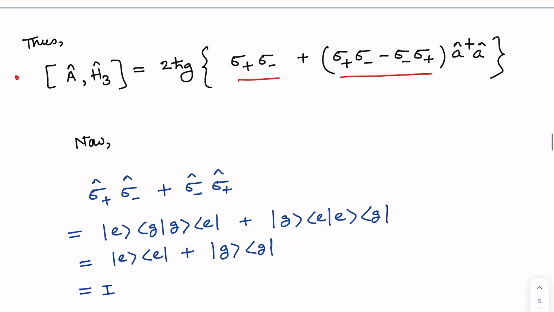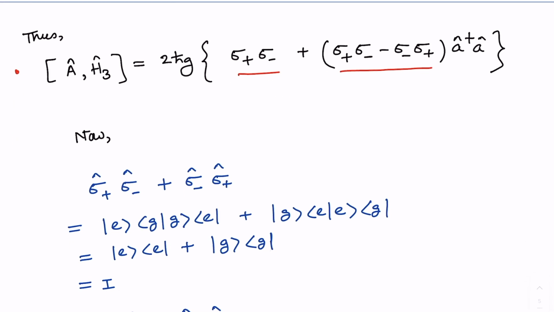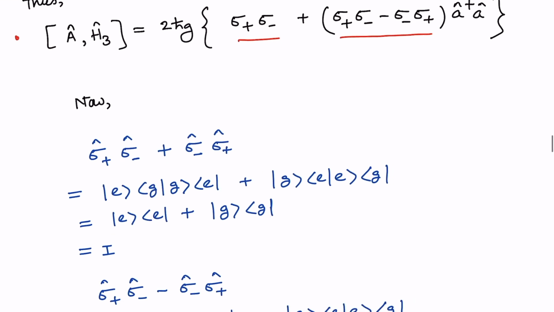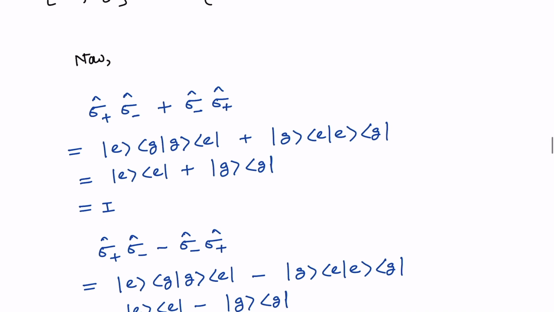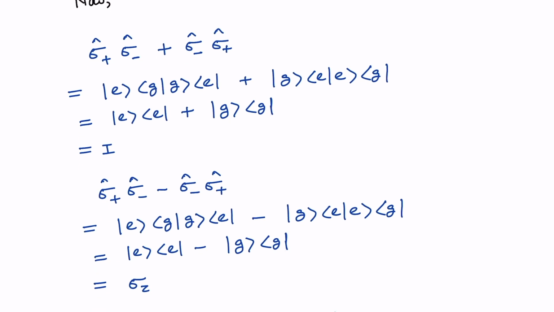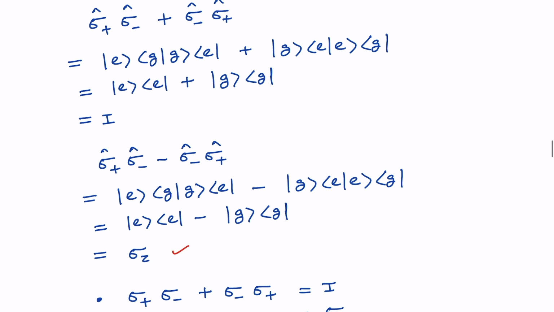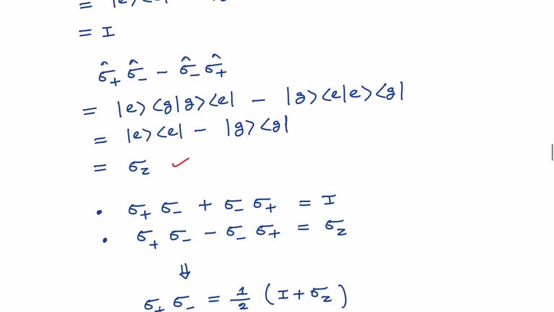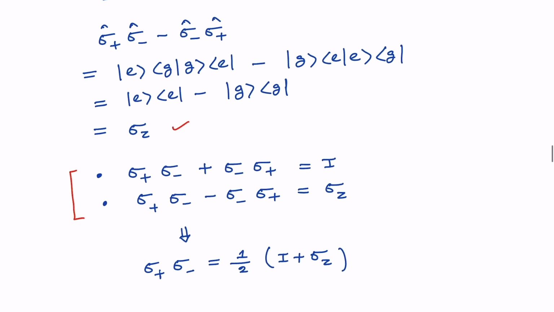To do that, if you work out sigma plus sigma minus plus sigma minus sigma plus, it's very trivial, you are going to get that this is nothing but the identity, and the difference, sigma plus sigma minus minus sigma minus sigma plus, is sigma z. Utilizing these two relations, you can get sigma plus sigma minus.